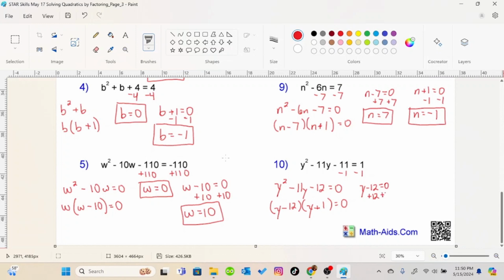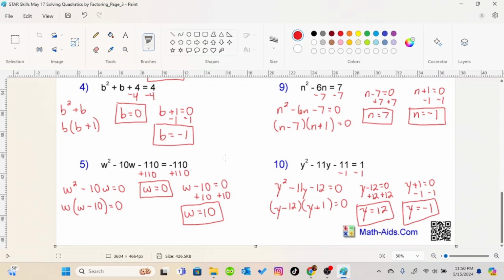We add 12 to both sides, and we get our first answer, y equals 12. Then we set the second factor, y plus 1, equal to 0. Subtract 1 from both sides, and we find our second answer, y equals negative 1.